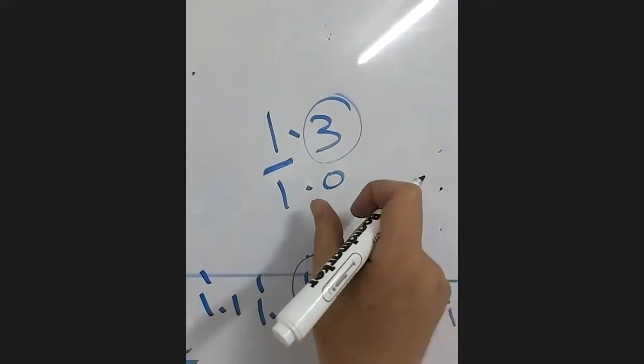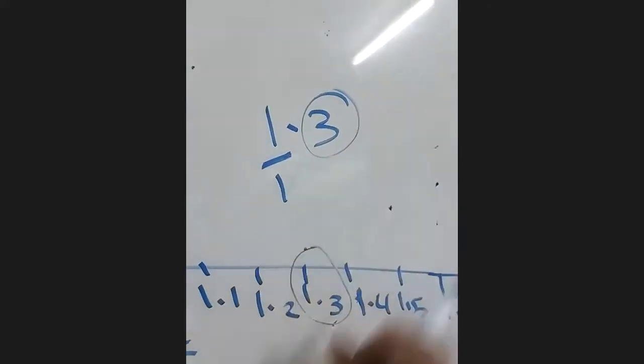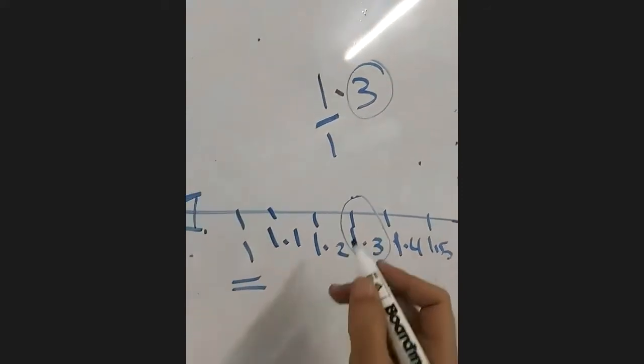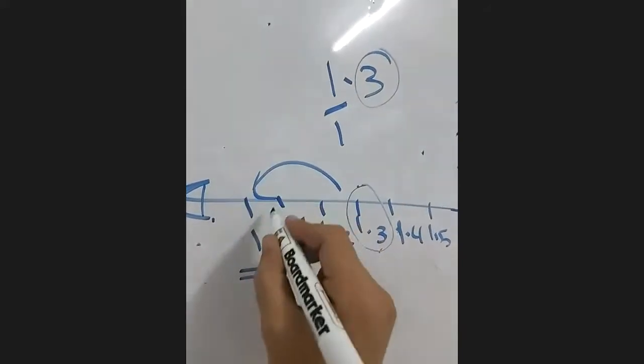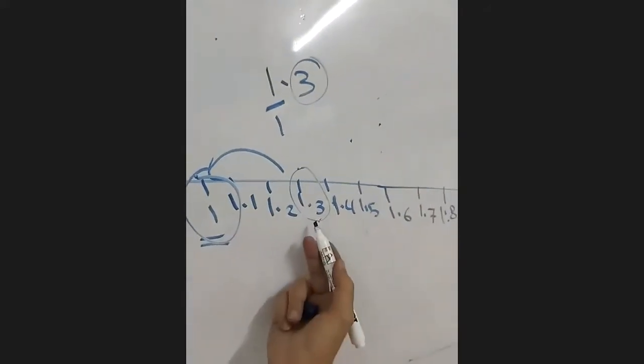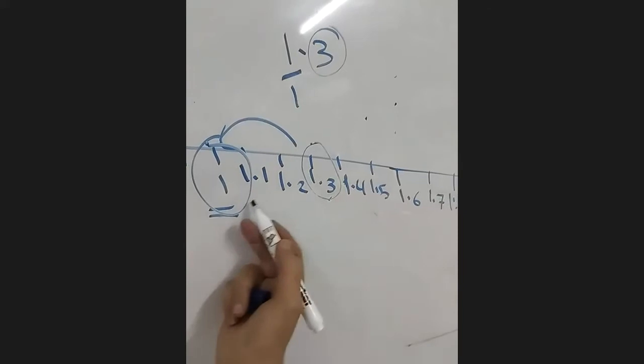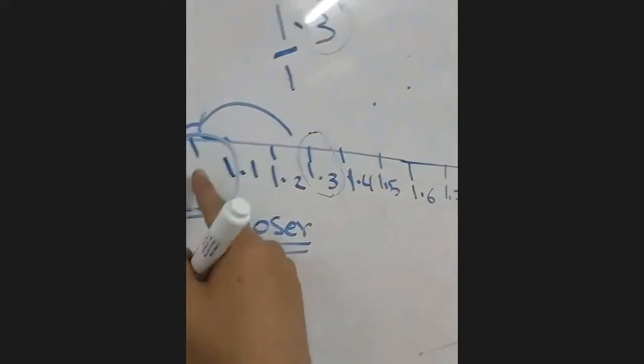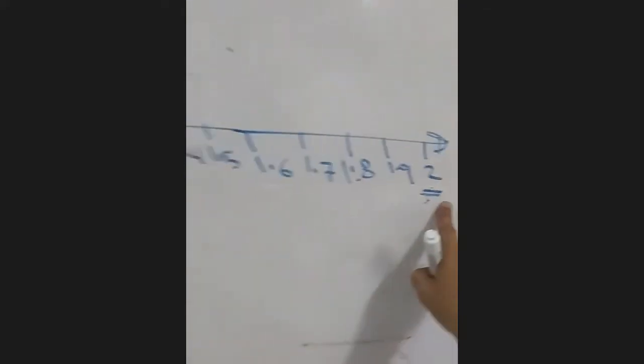And we said if after the decimal point all are zeros, no need to write them. So 1.3 is rounded to 1. Why? Because 1.3 is closer to 1 than to 2.